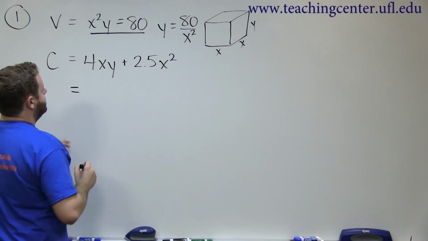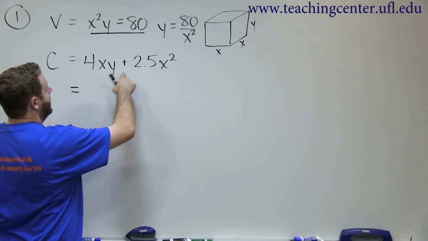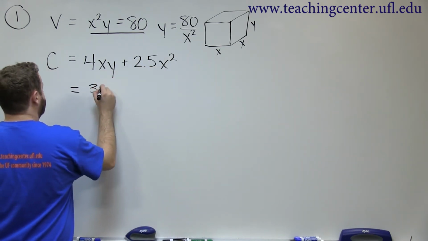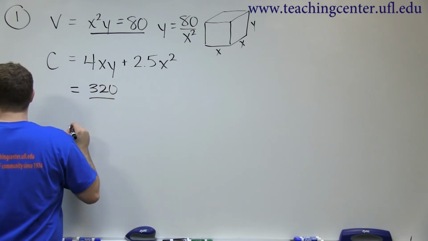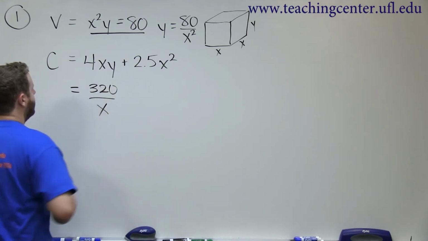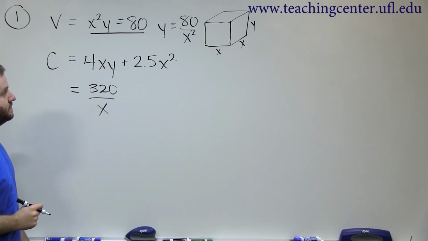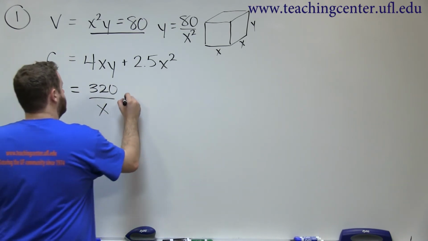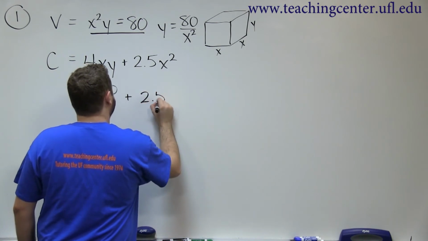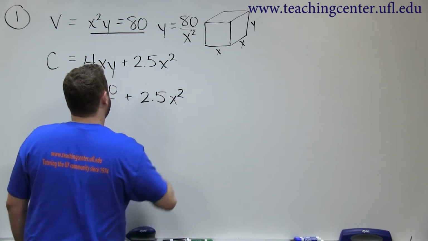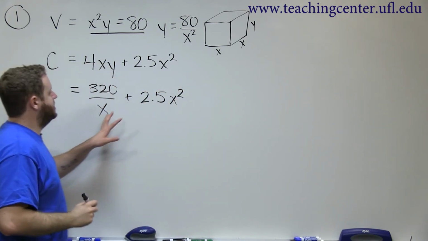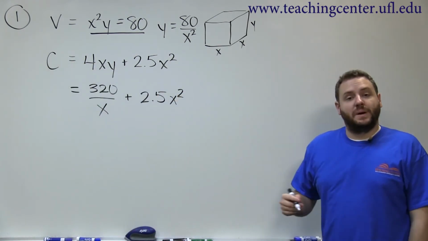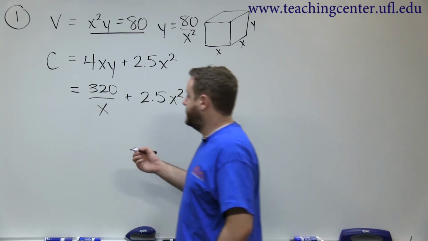So our cost equation becomes 4x times this substitution. One of those x's would cancel, and we'd be left with 320 divided by x. 4 times 80 is 320. We'd still have the 2.5x squared. Now our cost equation only has x, and now we can solve the problem. We're trying to minimize the cost, so we want to take the derivative of this.